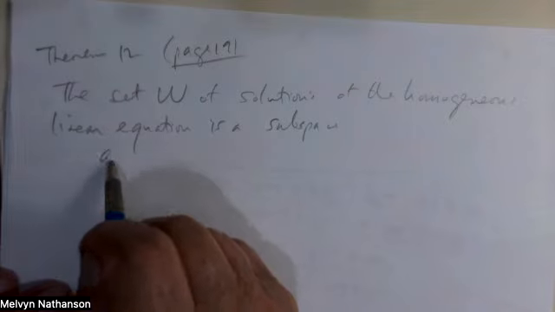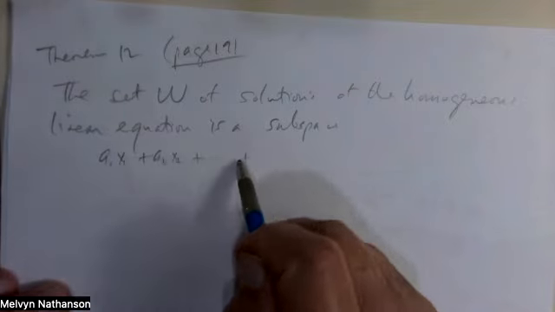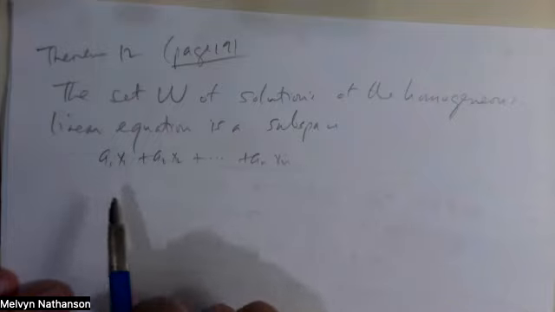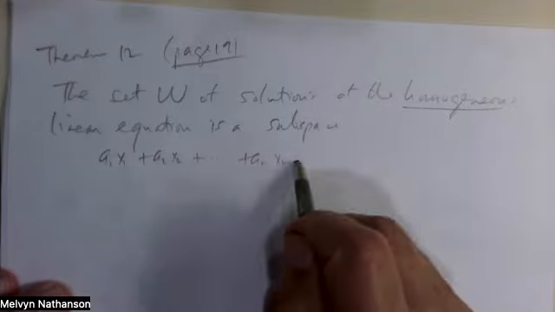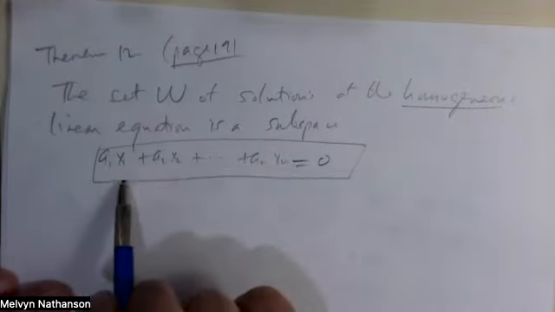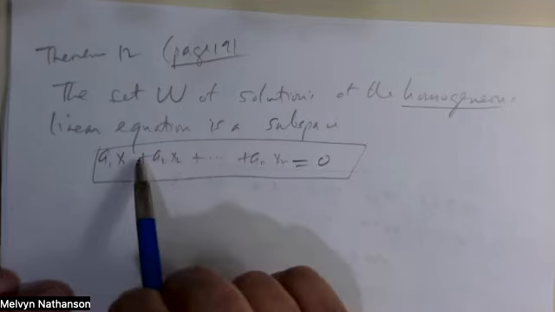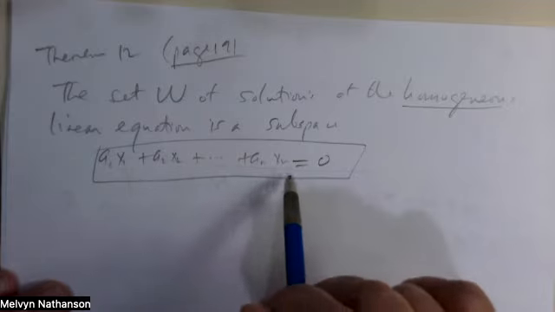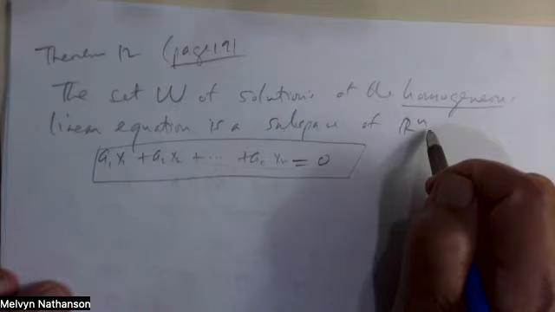Suppose the equation is a1x1 plus a2x2 plus ... plus anxn. This is an equation in n variables, and homogeneous means the right-hand side is 0. So the solutions are vectors that have n coordinates. So the solution space of this homogeneous linear equation is a subspace of Rn.